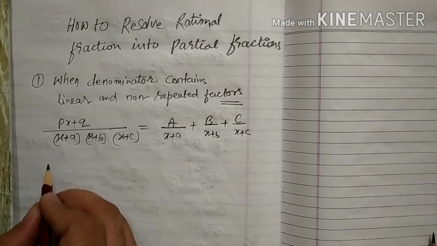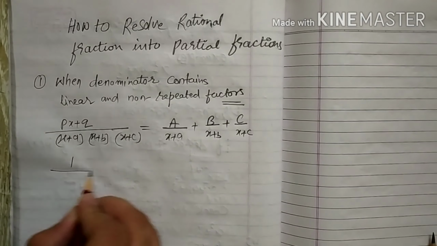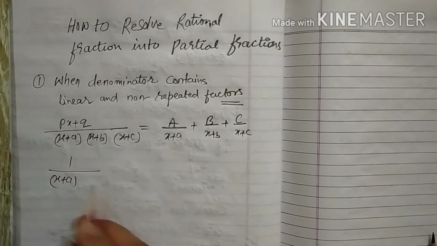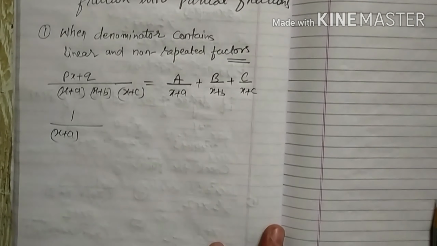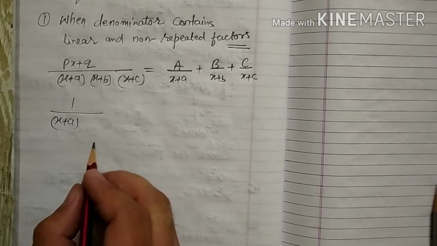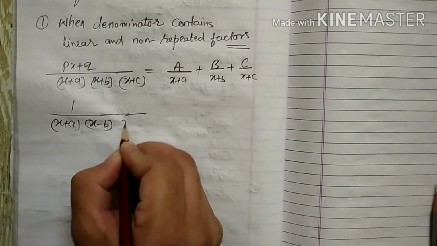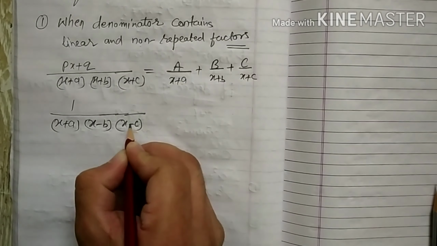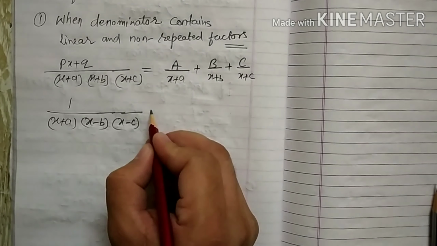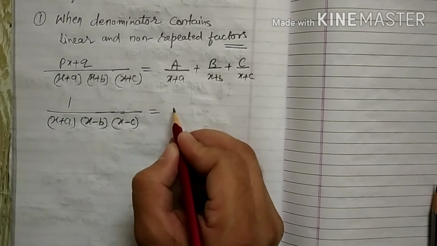You can see some more examples, like x plus a. This x plus a could be x minus a, no problem; both negative and positive signs can be there.